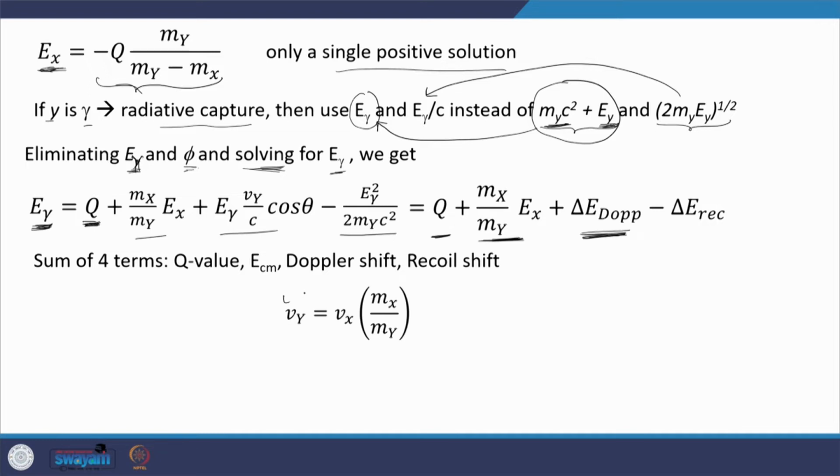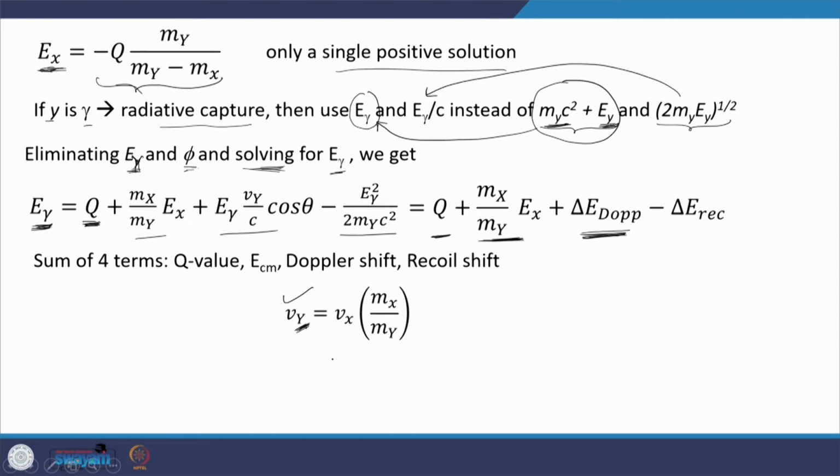This Vy is the velocity with which the recoil nucleus is moving, which can be written as the velocity of the projectile multiplied by the mass of the projectile divided by the mass of the product nucleus, right.